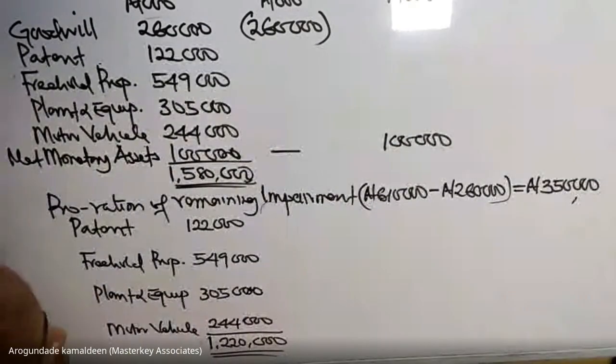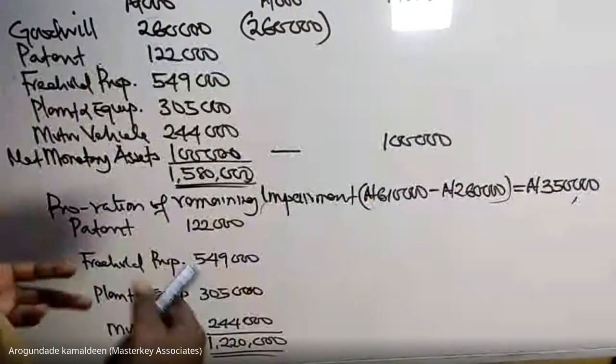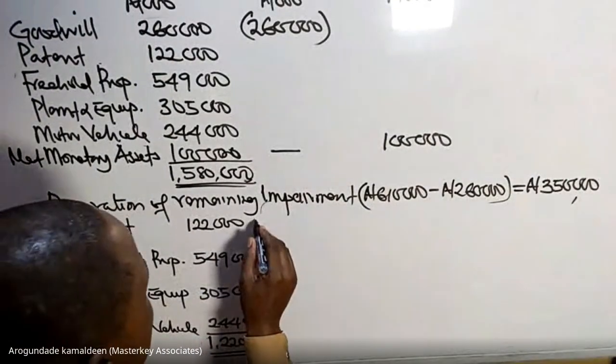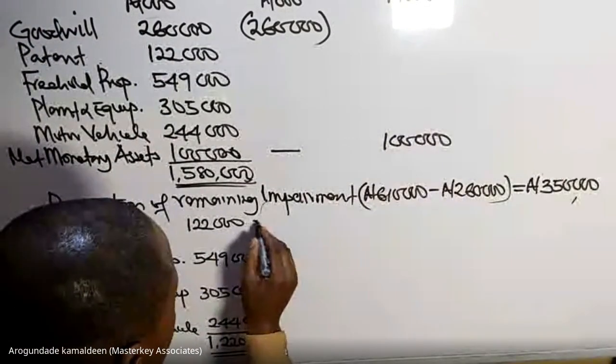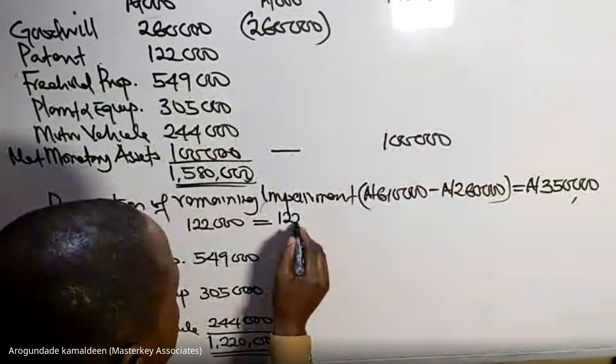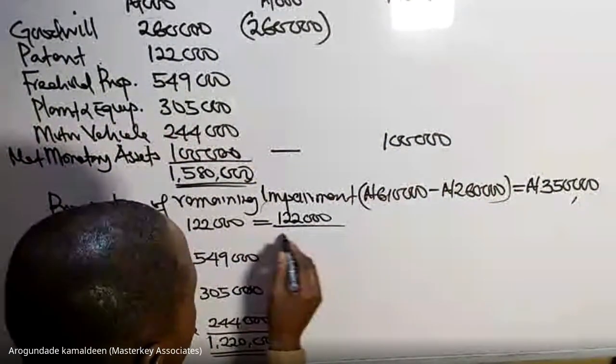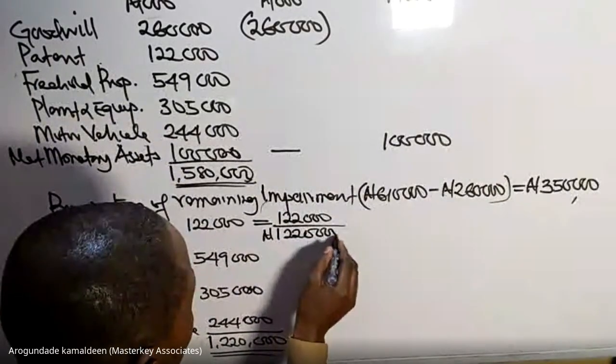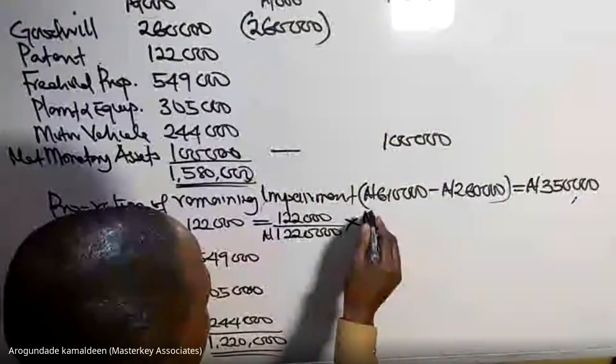Now we are having 350,000 left as impairment. And we need to share it because it's a CGU. So the impairment cannot be borne by just one asset. So for the patent, please just watch me. The value of the patent over the total asset, 1,220, times the remaining impairment.